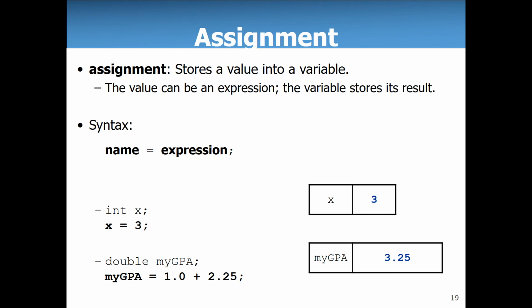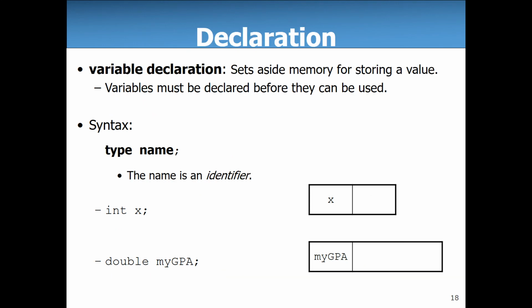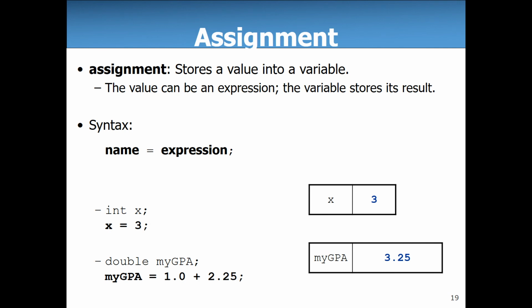So the idea here is that once we've created this, we can assign values to variables. That's what this equal sign is called, an assignment operation. So here we've got int x, x is equal to 3.